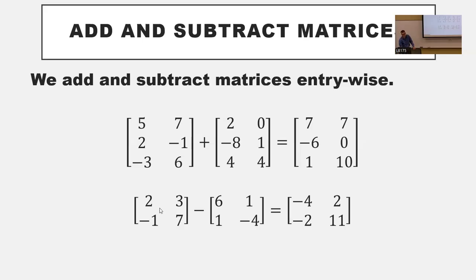And if we subtract, it's entry-wise as well. So 2 minus 6 is a -4. 3 minus 1 is a 2. -1 minus 1 is a -2. 7 minus -4, that's like a 7 plus a 4, gives me an 11.